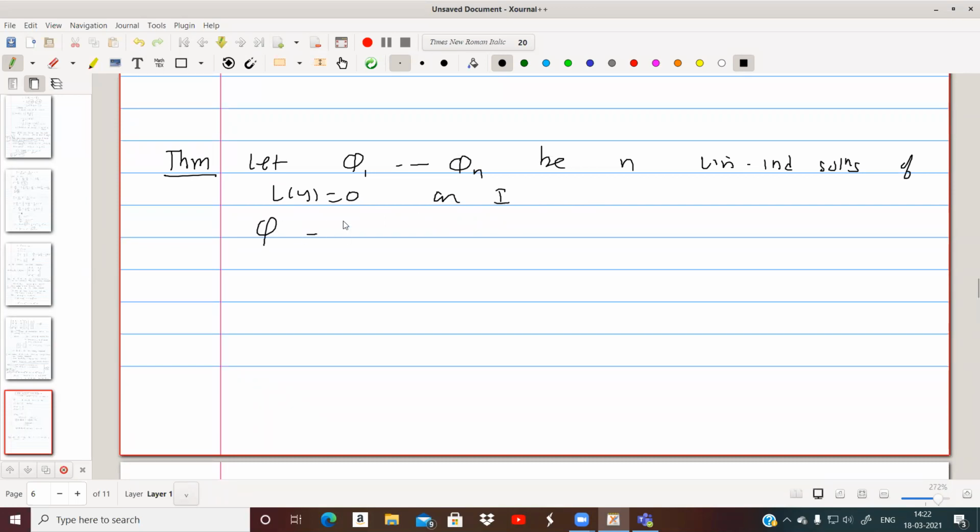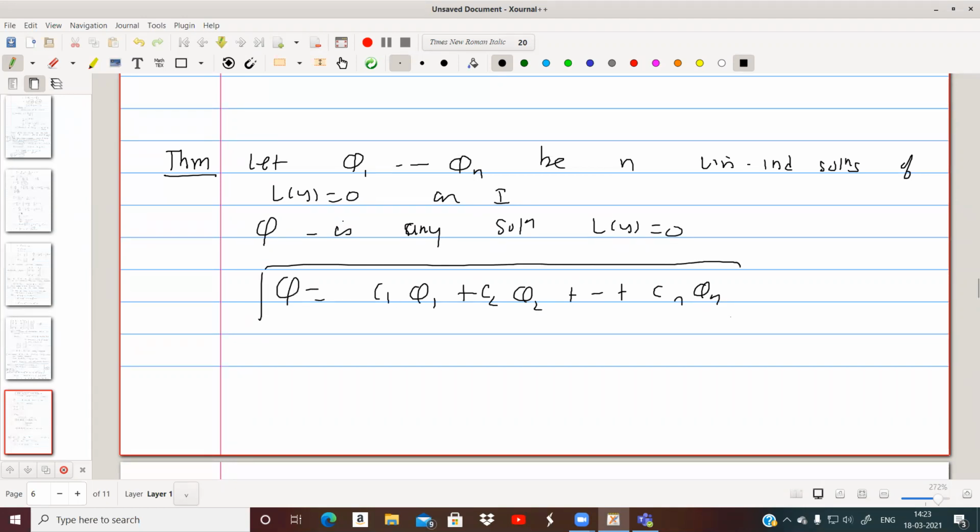And if phi is any solution of L of phi equal to 0, then this phi can be written as a linear combination of these. This has been discussed similarly in the case of constant coefficients, so you can do it in the case of variable coefficients. There is no change in the proof. Here C1, C2, Cn must be constants.